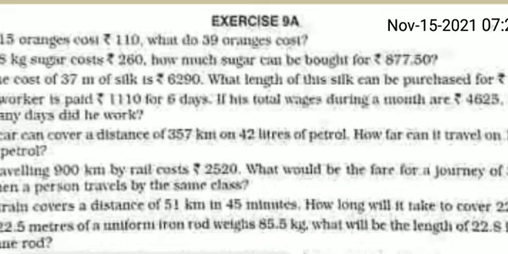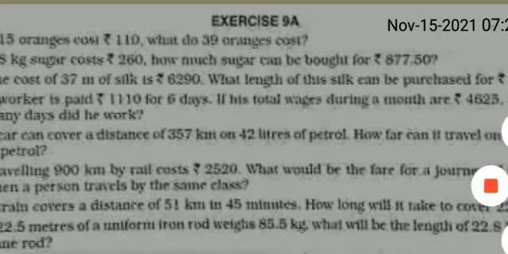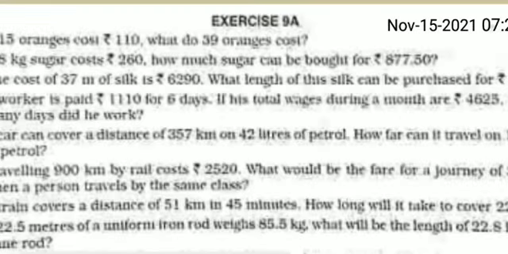Just calculate it, you will get the required answer. In such a way, you have to solve. Question number 4 is also the same. A worker is paid rupees 1,110 for 6 days. If his total wages during the month are rupees 4,625, for how many days did he work?